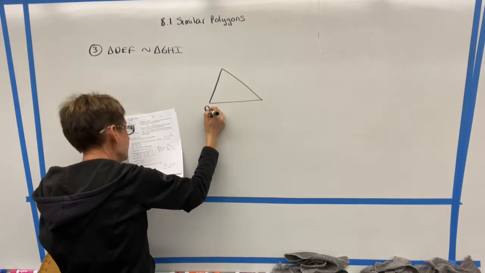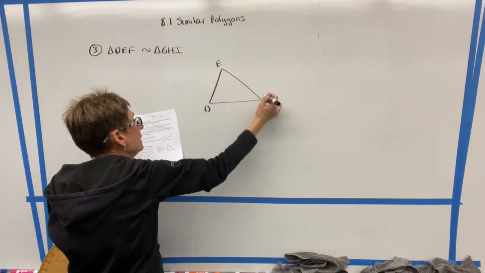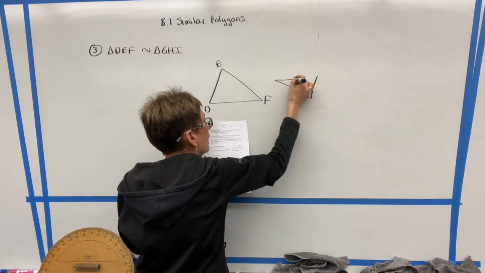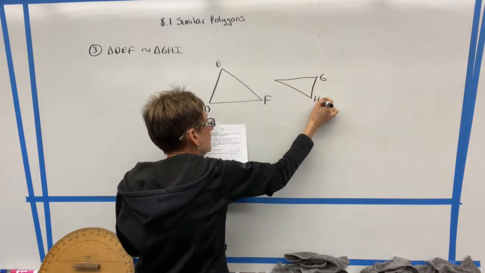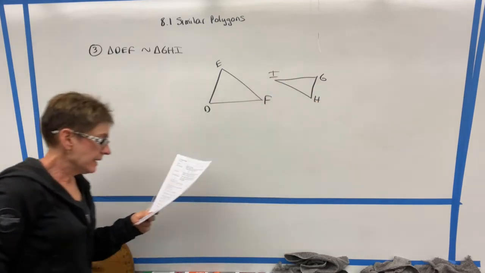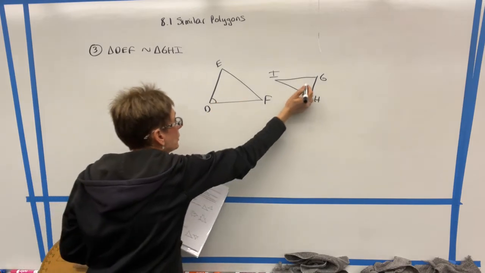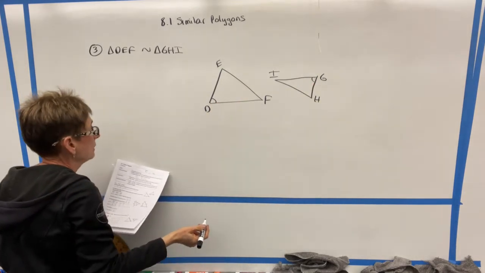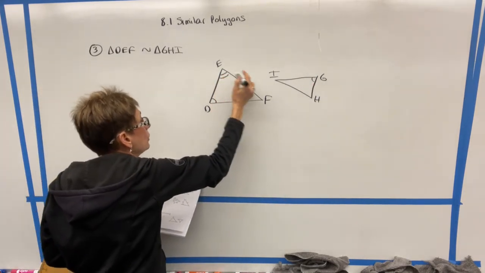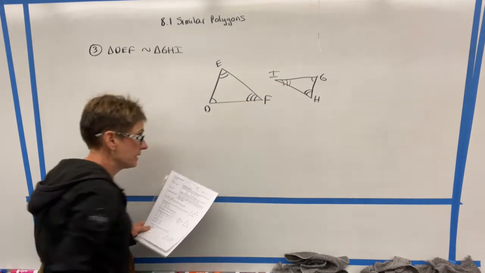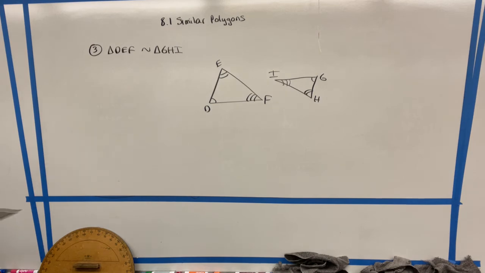So I have DEF and GHI. Now, because of the similarity statement, I can see that D is corresponding to G, so they've got to be congruent. E corresponds to H, and F corresponds to I. It can be kind of helpful to mark that up in the beginning.